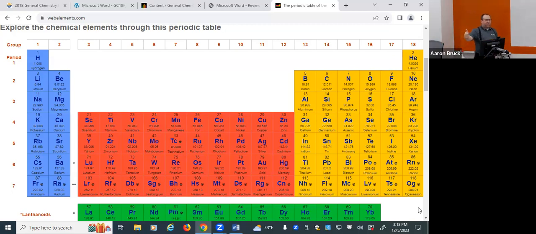Full sublevels are going to be more stable. Half full sublevels are going to have a certain extra amount of stability compared to unfilled sublevels. And so where those exceptions start to apply is if I'm looking at group 2 versus group 13.